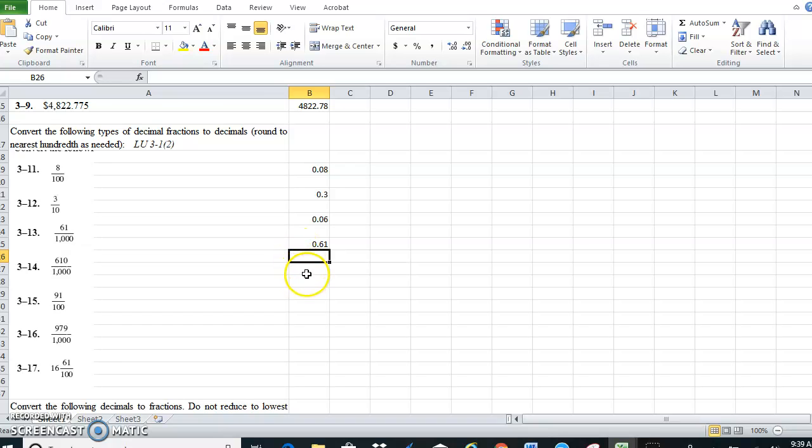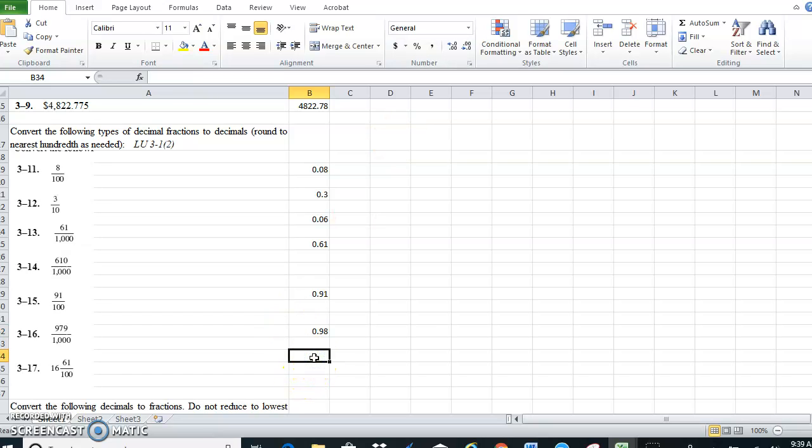That's already in the right place. 91 divided by 100. That's already in the right place. 979 divided by 1,000. We need to decrease the decimal here, and it rounded it up for us.